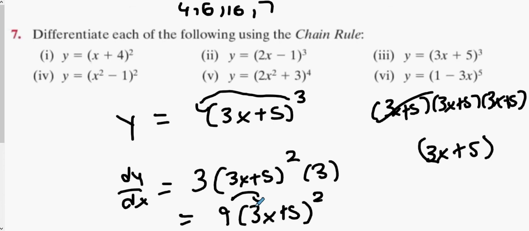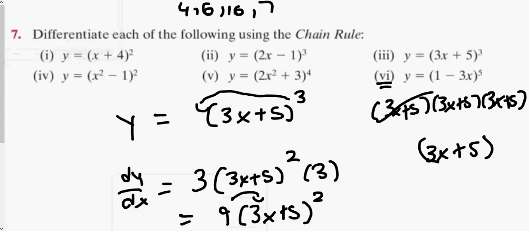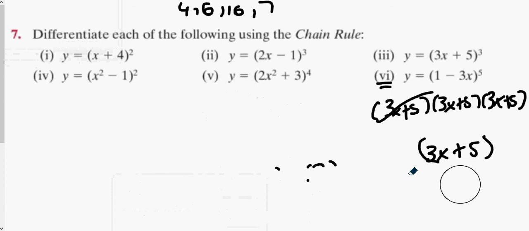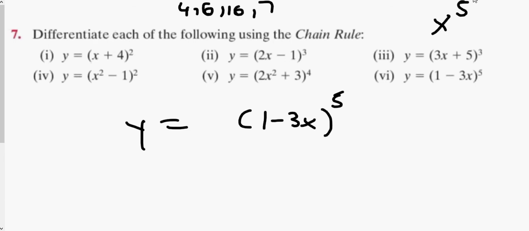Now, will you guys try 7 part 6 on your own? Okay? Find and leave it like that. Alright, lads. So, lads, what you do for the chain rule is, once again, you treat it very similarly to how you would x to the power 5.